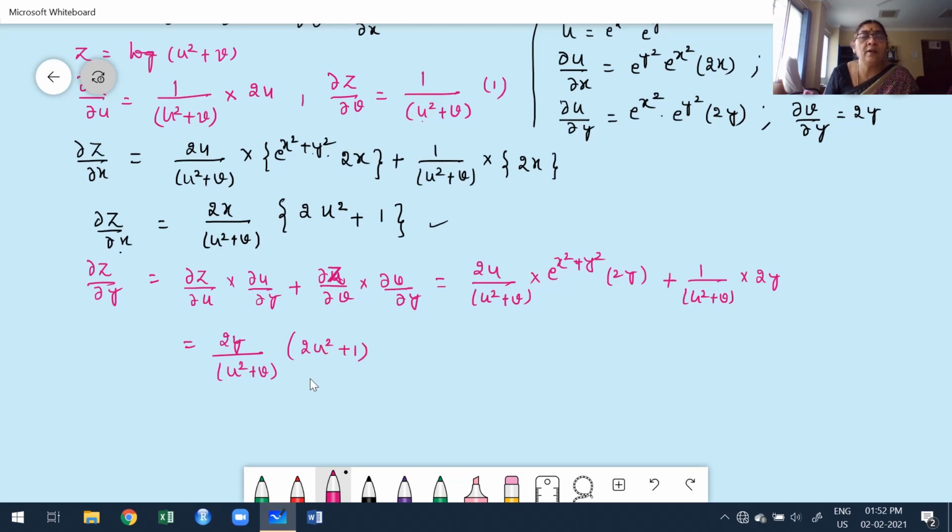Now, this is the way I find out dou z by dou y and dou z by dou x. But you already know that if you want to write here, where u and v are functions of x and y, it's already given clearly.